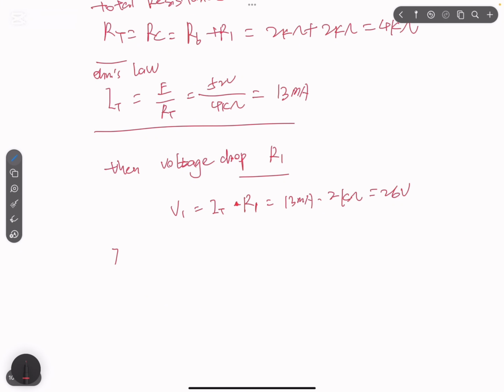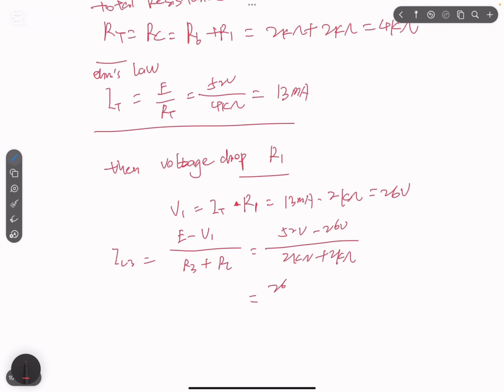So the current for IL3 will be E minus V1 divided by R3 plus RL. That will be 52 volts minus 26 volts divided by 2 kilo ohms plus 2 kilo ohms.